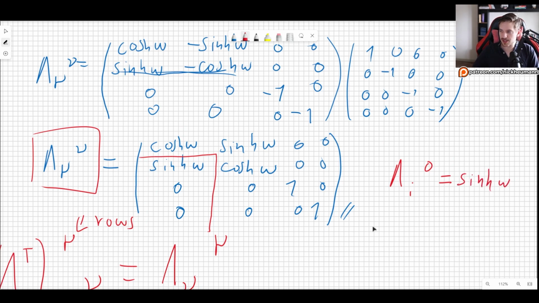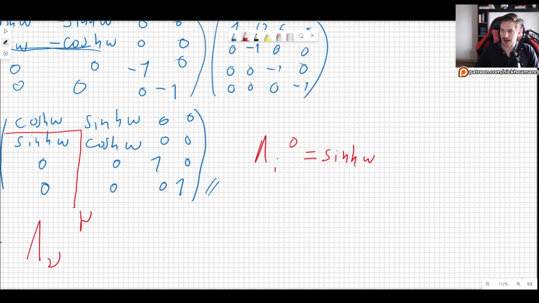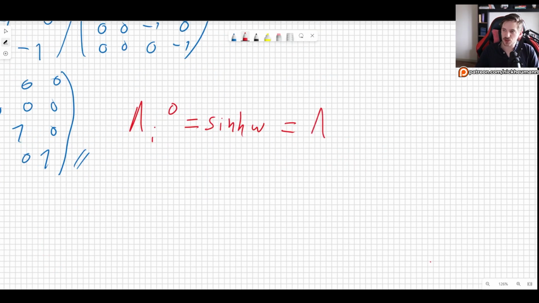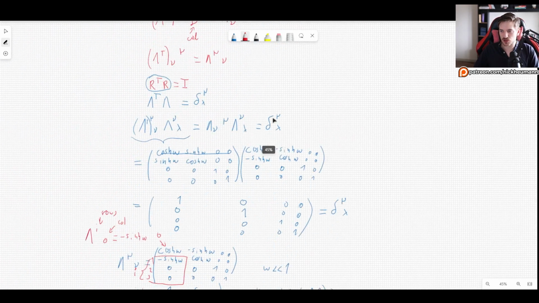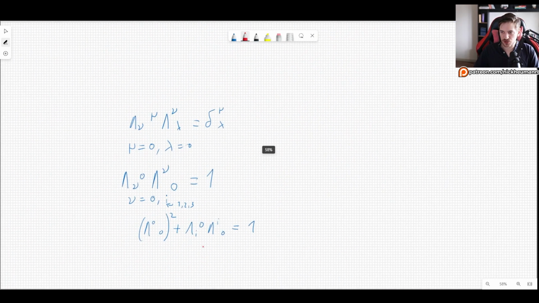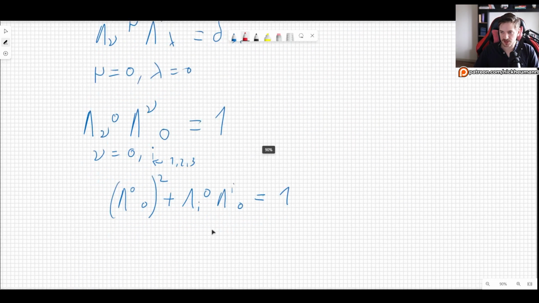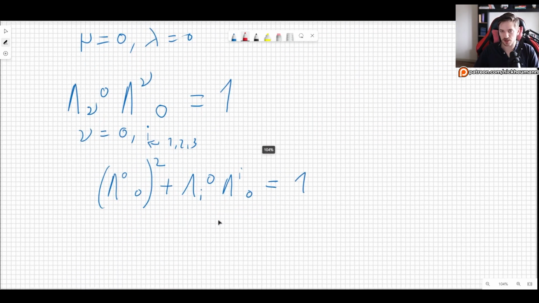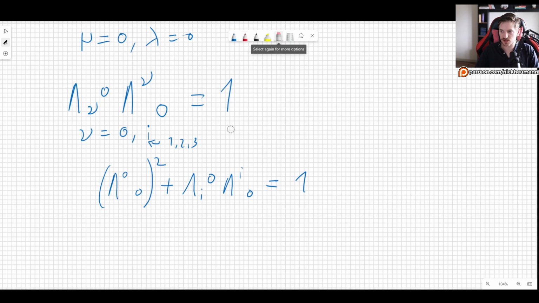So the point here is that lambda I 0 is going to be equal to lambda I 0. Okay, so let's just go back and plug it in as well. So here again, we can choose any of them. Let's just keep this consistent, right? We don't want to keep a mix between the transformation and its transpose. So let's just keep this one. And this would be squared, but with a minus sign in front.